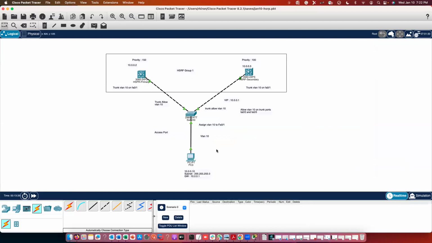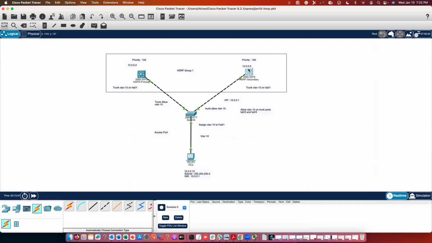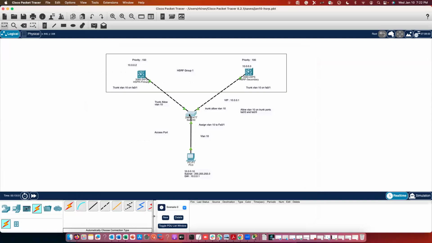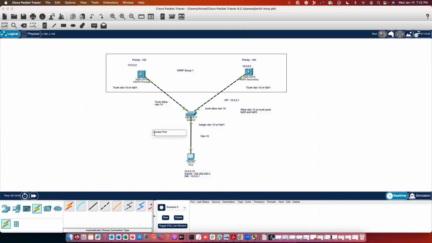So before we shut down this link, let's see how the traffic flow occurs. Okay, so let's do write memory to save the configuration. Here also let's do write memory. Write memory means that we are saving the configuration so that if for some reason the lab crashes, like Packet Tracer gets closed, we will not lose it.